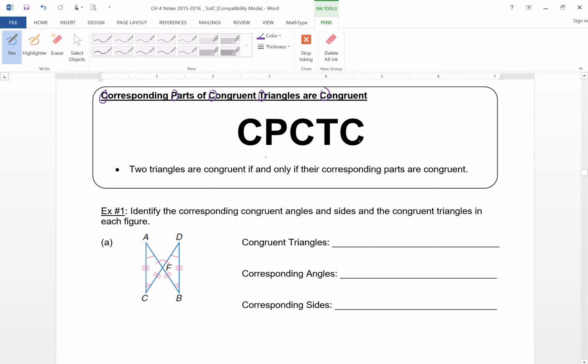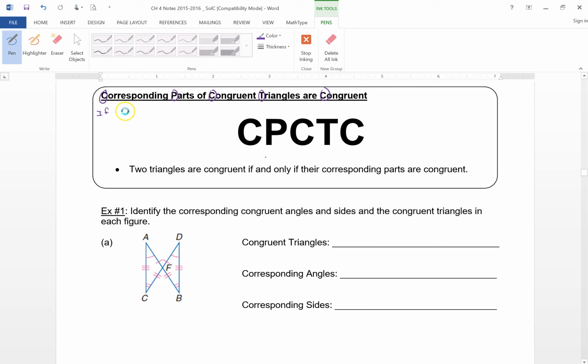Corresponding parts of congruent triangles are congruent. C, P, C, T, C. Okay? So it says two triangles are congruent if and only if their corresponding parts are congruent. And you can look at it the other way. In fact, most of the time we use it in the reverse order.